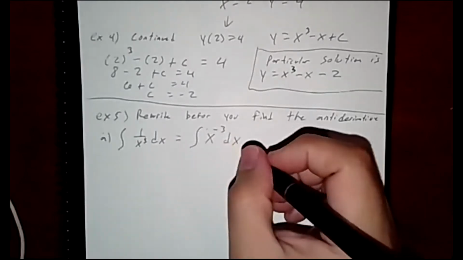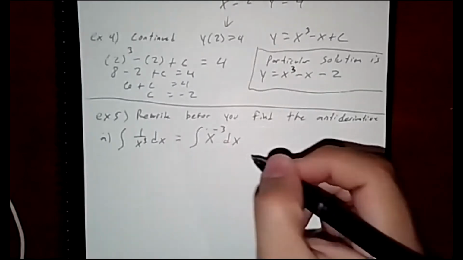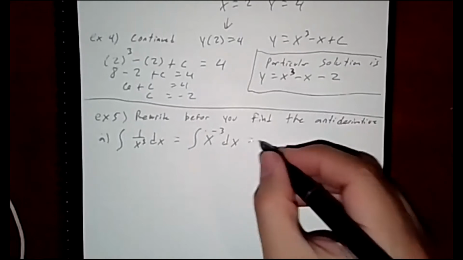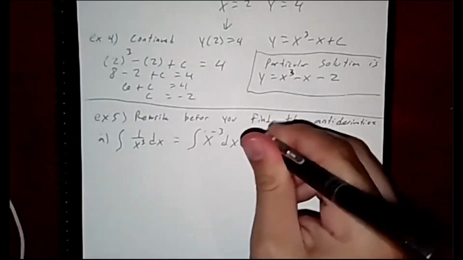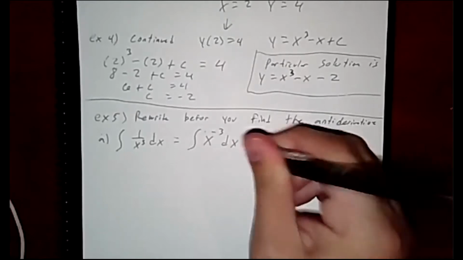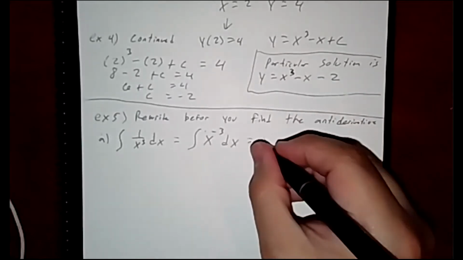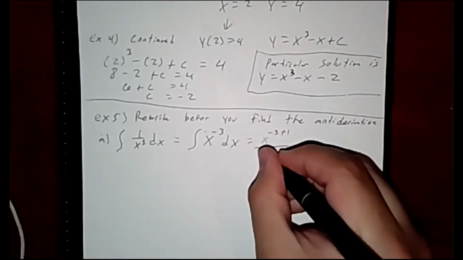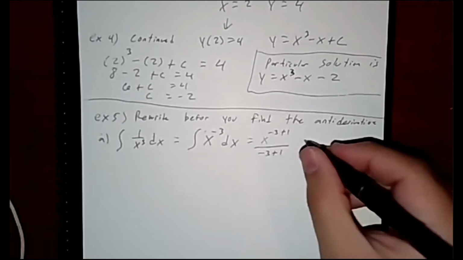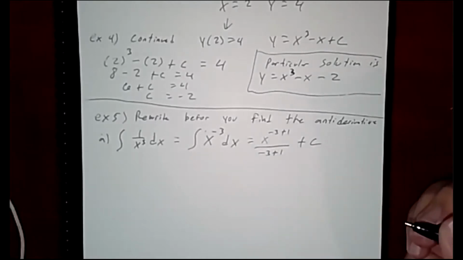So now just apply the power rule. You add 1 and divide by the same thing. Once you take the integral, you no longer write the symbol. Meaning once I start adding the number, I don't write it anymore.